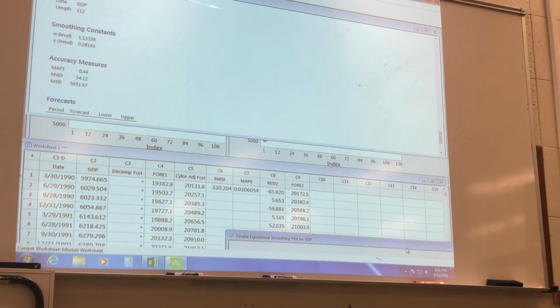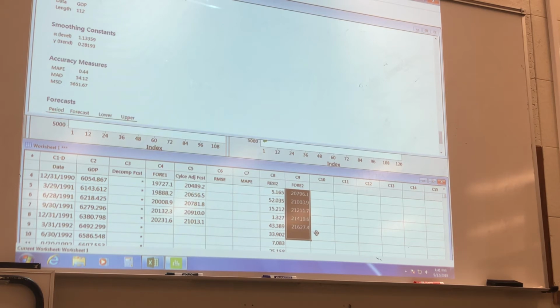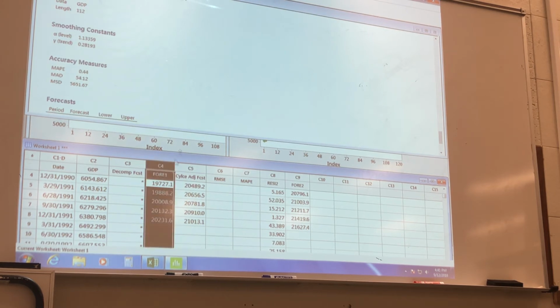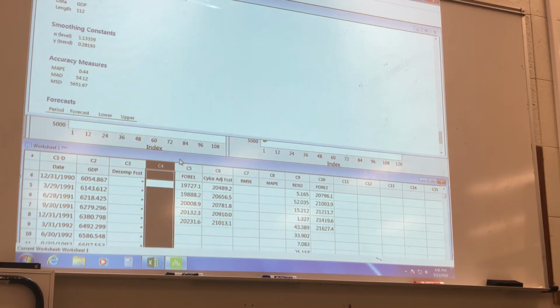If you wanted to plot the forecast from this model, you've got a plot of it already, but you can just copy this and put it over here next to it. Let's open a column up just behind the decomp forecast. Call this Expo forecast.